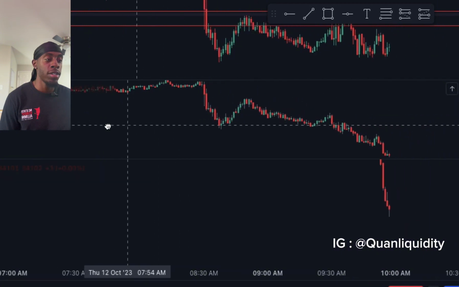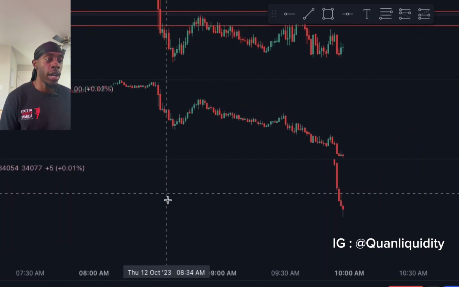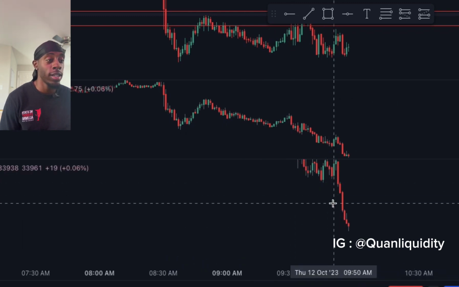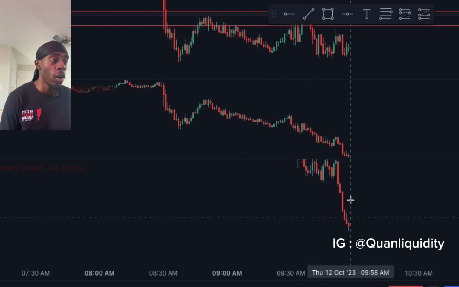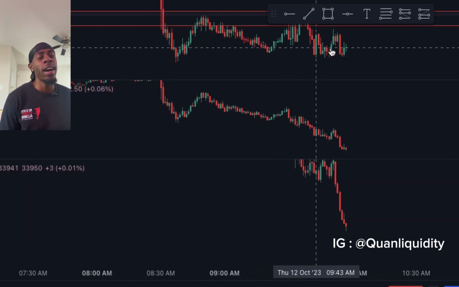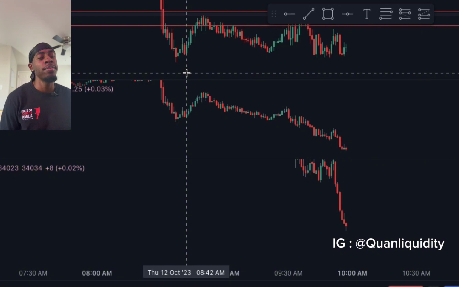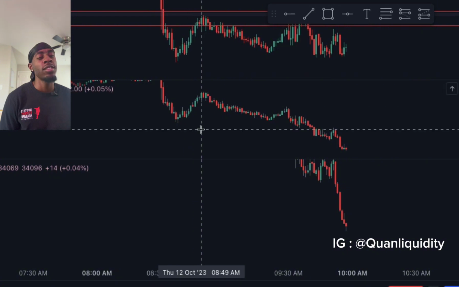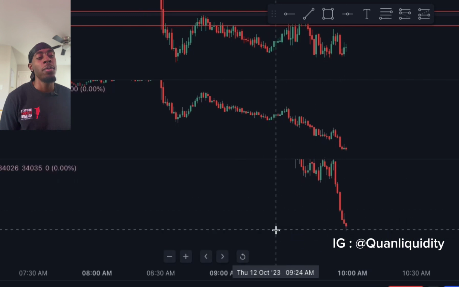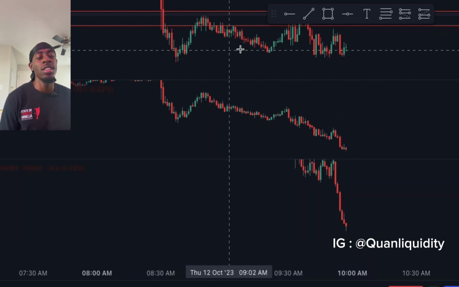This one right here is ES, and this bottom one right here is US 30. As you can see, US 30 is gone. ES is gone. But why is Nas staying higher? We got ES gone, we got 30 gone, but Nas, for some reason, is just not trying to go lower.